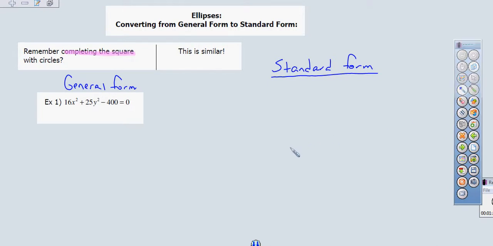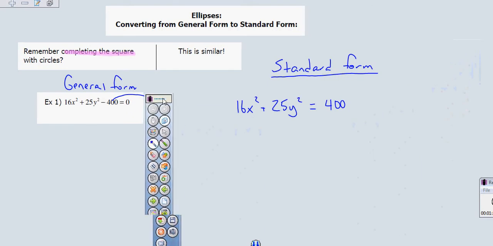The whole idea, if we completed the square here, would be that we would leave the x's on one side, leave the y's on one side, and we bring that 400 over to the other side. As we brought the 400 across, it was negative on the left-hand side, so it obviously becomes positive. So this is kind of getting everything set up, I guess we could call it getting organized.